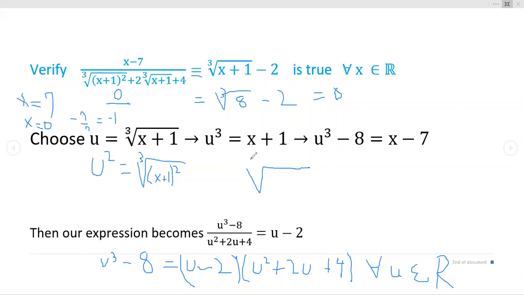But you see, if you do the cubed root, now I'll just let x sub 0 be an arbitrary fixed value of x, right? So that's x sub 0 plus 1. And you can take on any value, right?